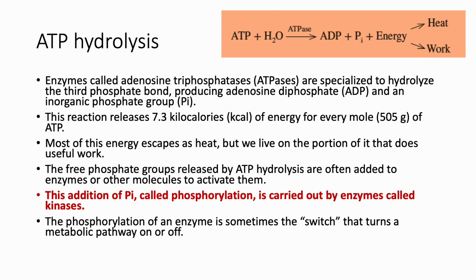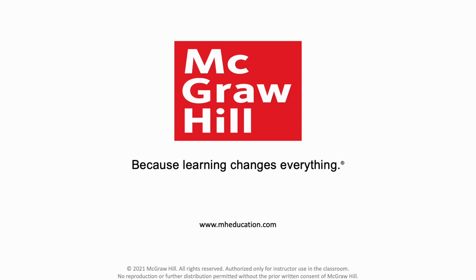So these all work together. ATPases give us those inorganic phosphates, and kinases use those phosphates to undergo phosphorylation, where they add phosphate groups to other enzymes, turning those enzymes on or off. And that was chapter 2.